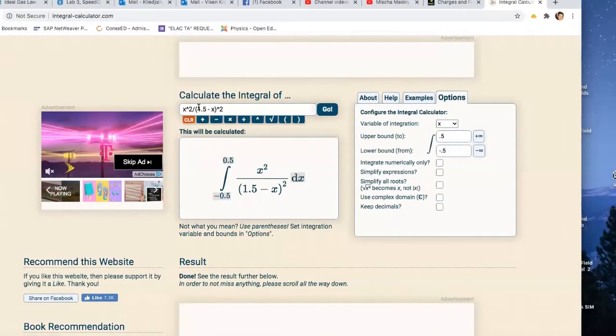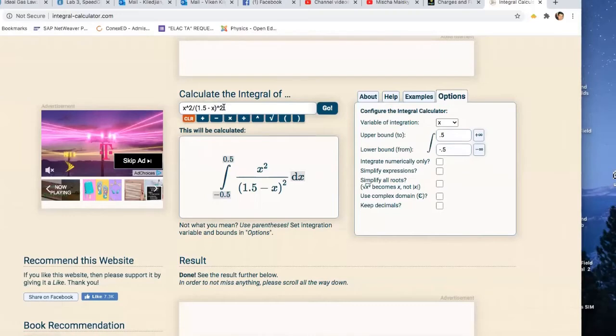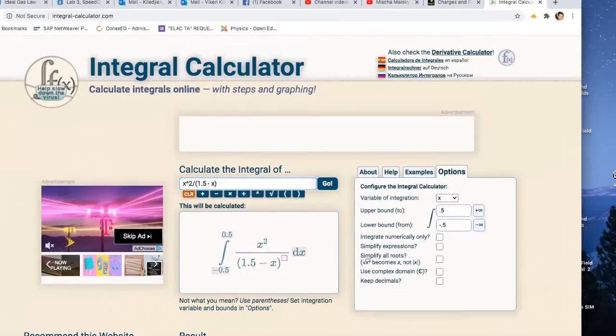Okay, so now we have x squared over, this one changes completely. So you have x squared plus 9 to the 1.5 power.